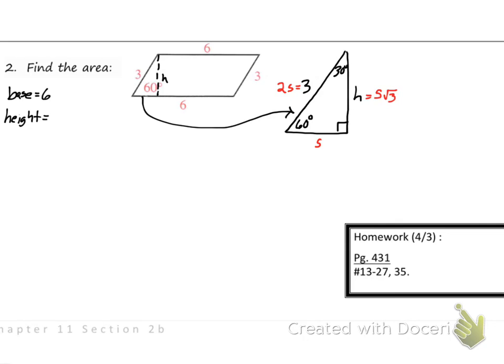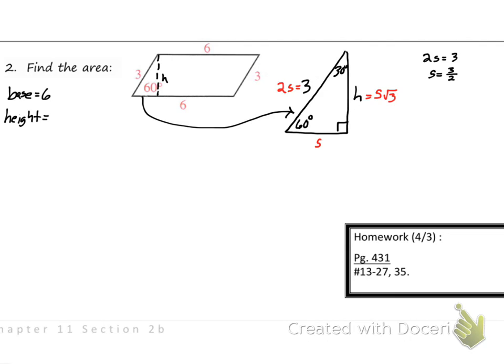All right. So we're going to use that to solve for H. Well, all I have to know is S. I just have to find S, and I know all of H. So we're just going to go ahead and say, well, I know 2S equals 3, so we can almost picture just dividing by 2 and figuring out what S is. I'm going to do that whole thing over here. So we have 2S equals 3. Divide both sides by 2, and you're going to come up with S equals 3 divided by 2.